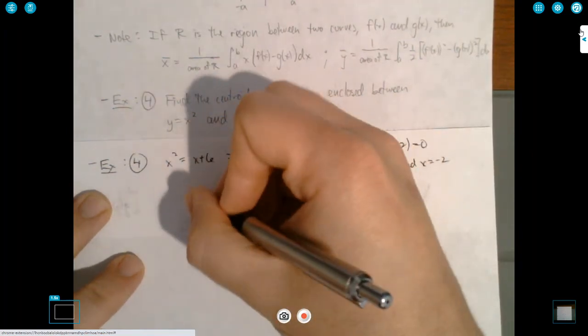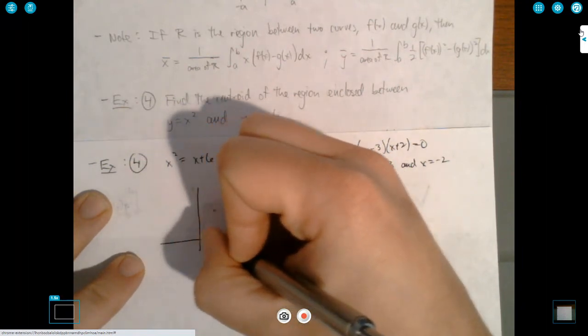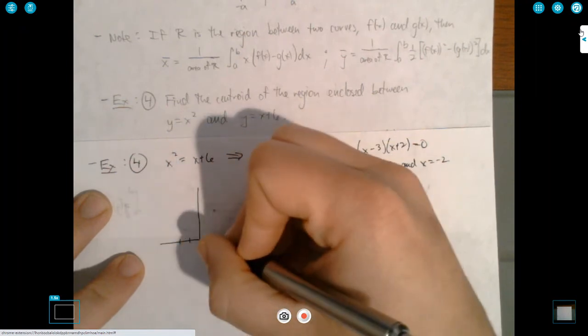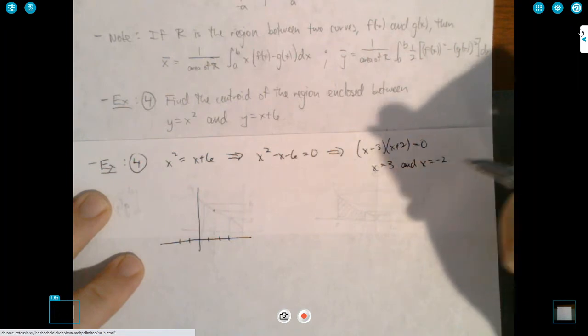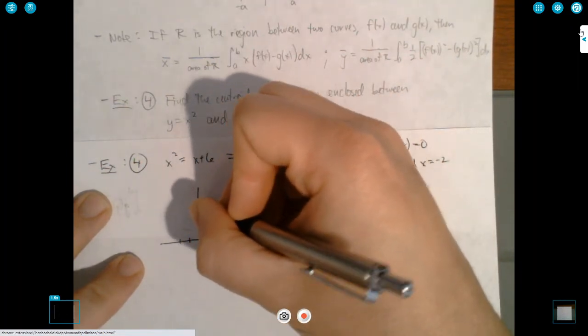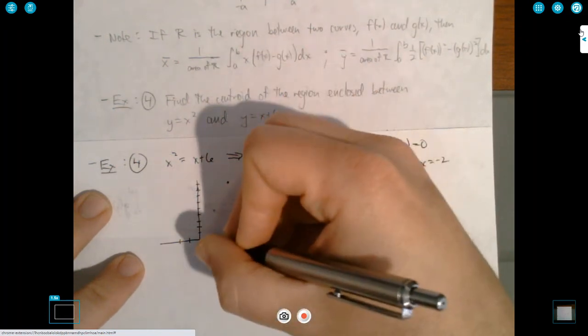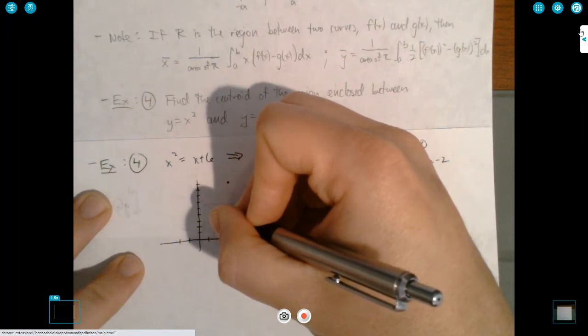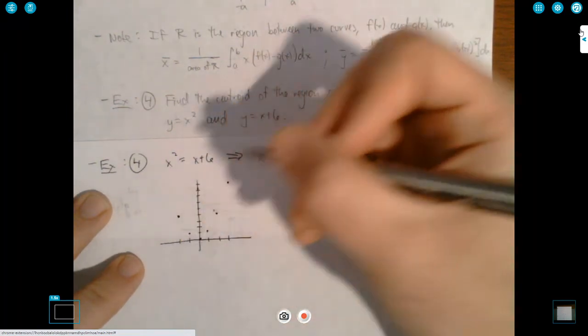Okay, so that's where I'm going to have to draw the graph. At 3, x squared is 9, and x plus 6 would also be 9, right? 1, 2, 3, 4, 5, 6, 7, 8, 9. So they both go there. This is x squared, of course. -1, 1, -2, 4.